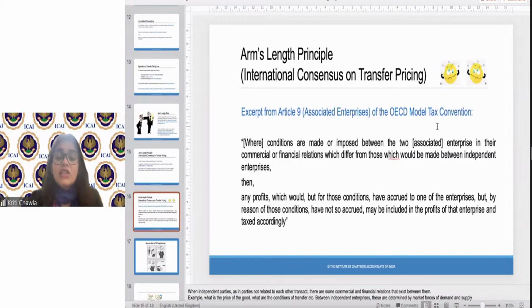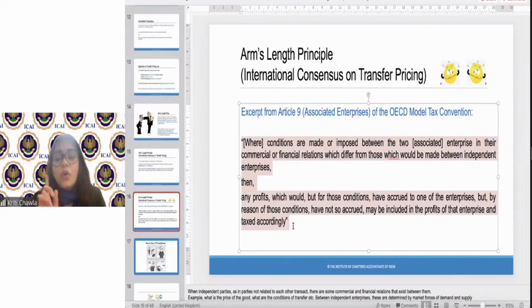And Article 9 talks about something called associated enterprises. So what exactly is provided in Article 9? Take 1 minute to read through the language which I've highlighted here, and then I will explain it using the case study.